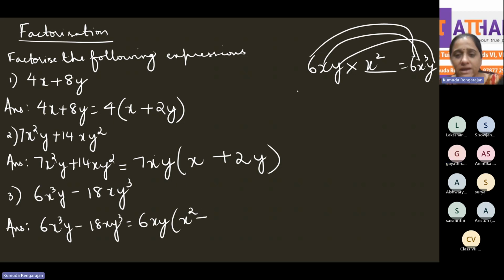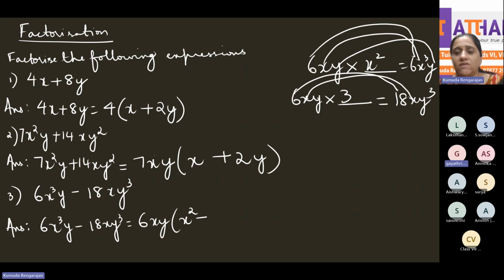Minus. Now again 6xy into what will give you 18xy cubed? 6, how will it become 18? 3 times. x is already there. Then y should become y cubed. y squared. So minus 3y squared.